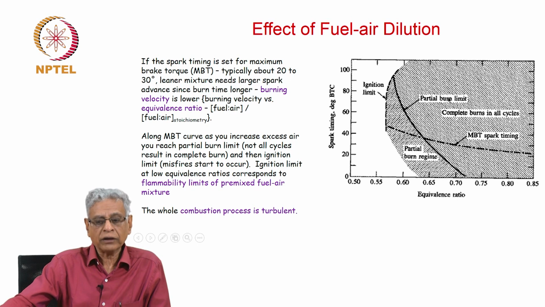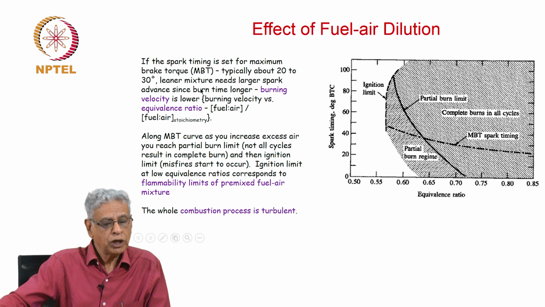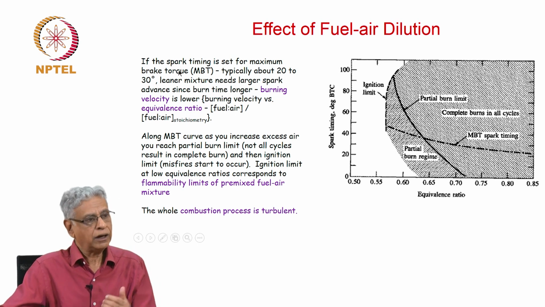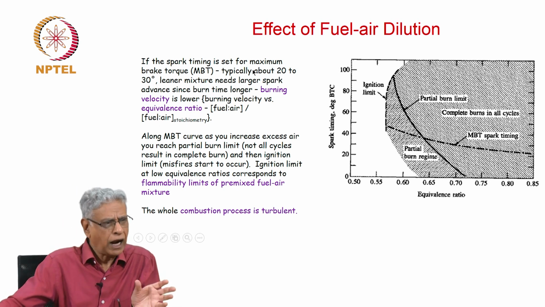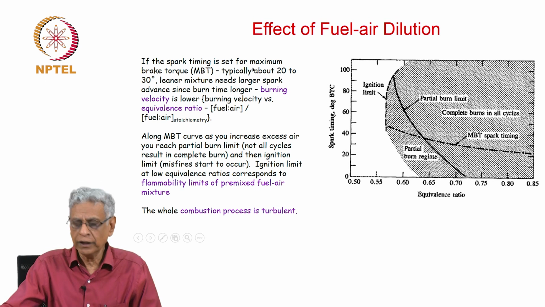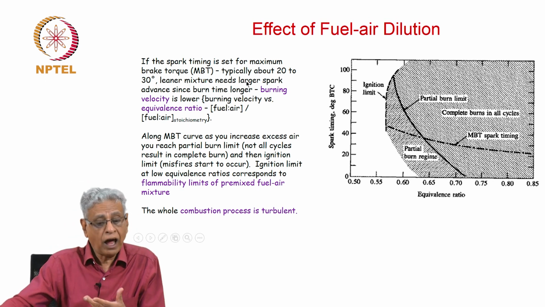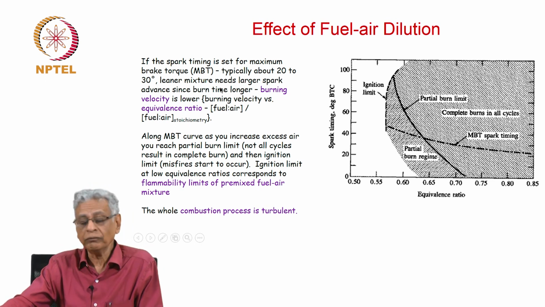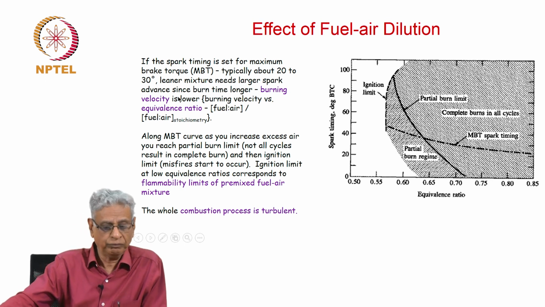You look at the effect of fuel air dilution in such mixtures, and if the spark timing is set for maximum brake torque, as it is called in such engines, this advance is typically about 20 to 30 degrees. Leaner mixture needs a larger spark advance, since the burn time is longer, that means the burning velocity of the mixture is lower.